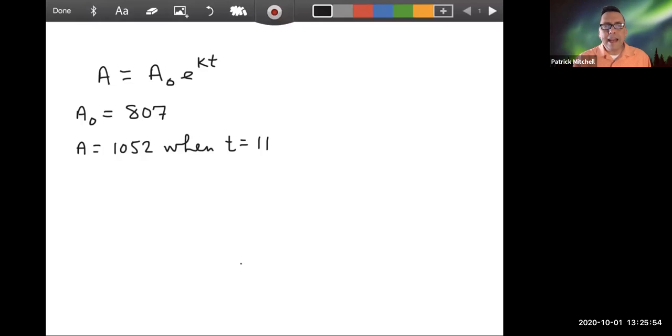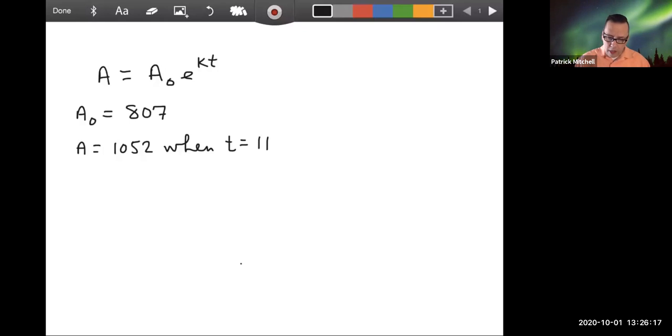And they tell me that A equals 1,052 when t equals 11. So in this problem, we're just trying to complete the model, which means just finding the value of k. You'll find that a substantial part of doing these problems is finding the value of k. That is usually not given.